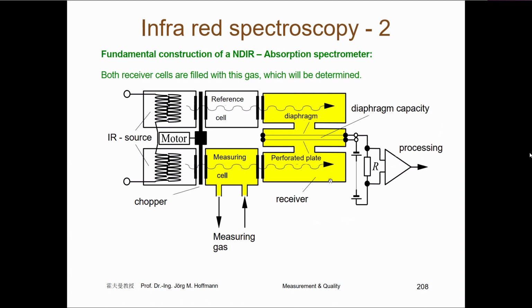What kind of gas you would like to measure depends on what you fill in on the receiving cell, so that you can, with this principle, every time measure only one gas, but which gas? You are free to have the choice. This gas that you would like to measure, you fill in on the receiving side.